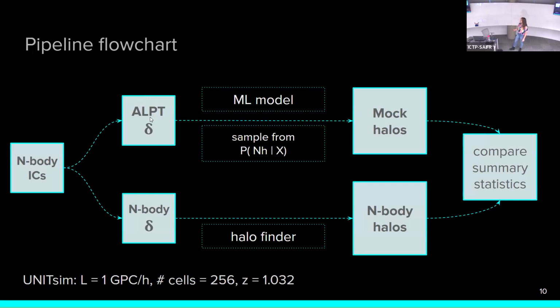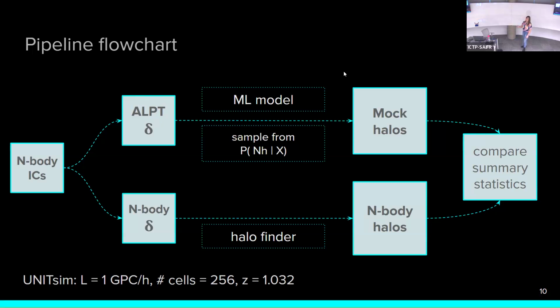And then the idea here is that we want to generate a halo density field based on this approximate dark matter field. I need some model to do this mapping between the dark matter field and the halo field.